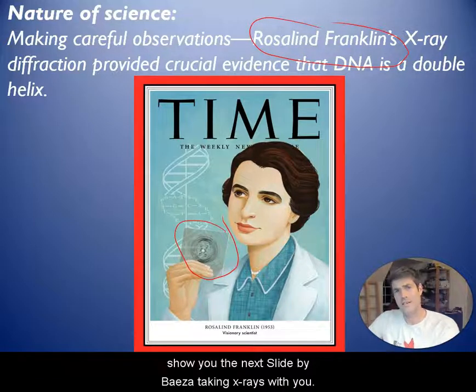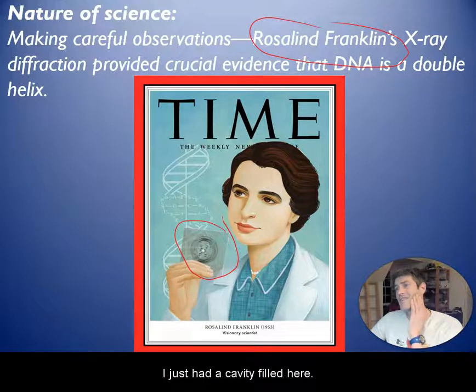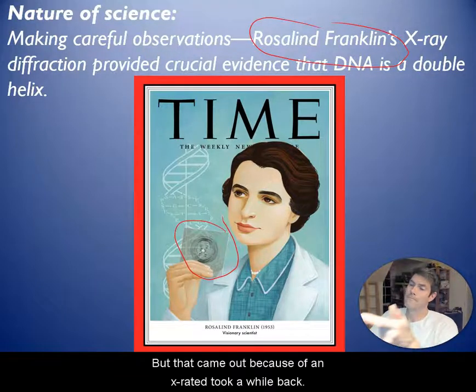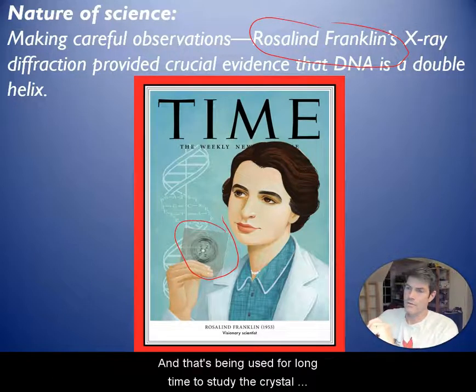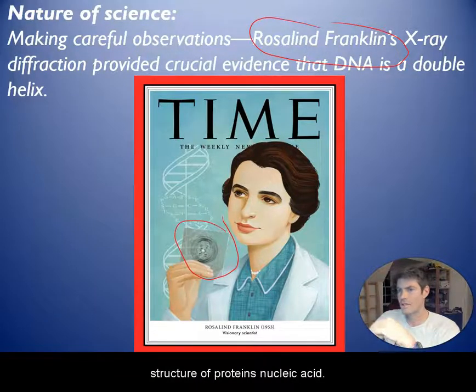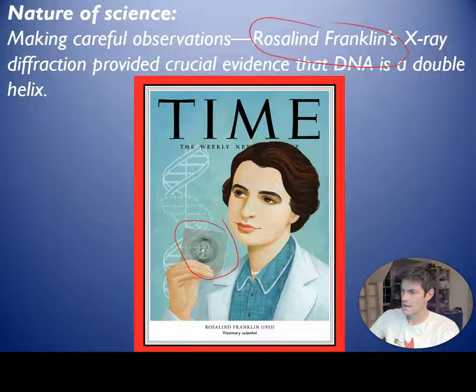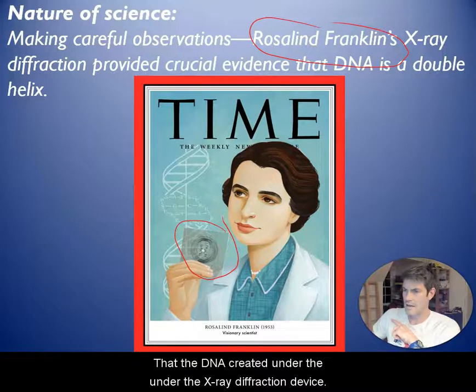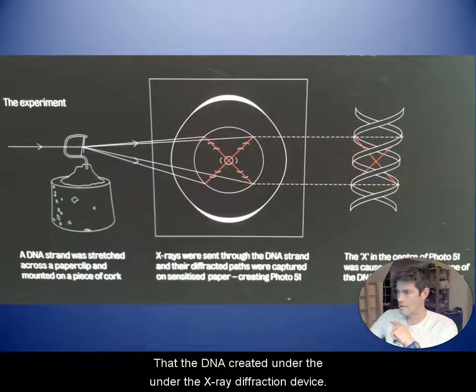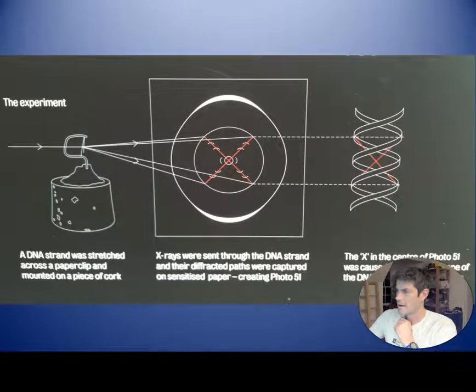But basically taking x-rays, which you got, I just had a cavity filled here, but that came out because of an x-ray they took a while back, and that's been used for a long time to study the crystal structure of proteins and nucleic acids. And she was the first to observe this very peculiar pattern that the DNA created under the X-ray diffraction device.